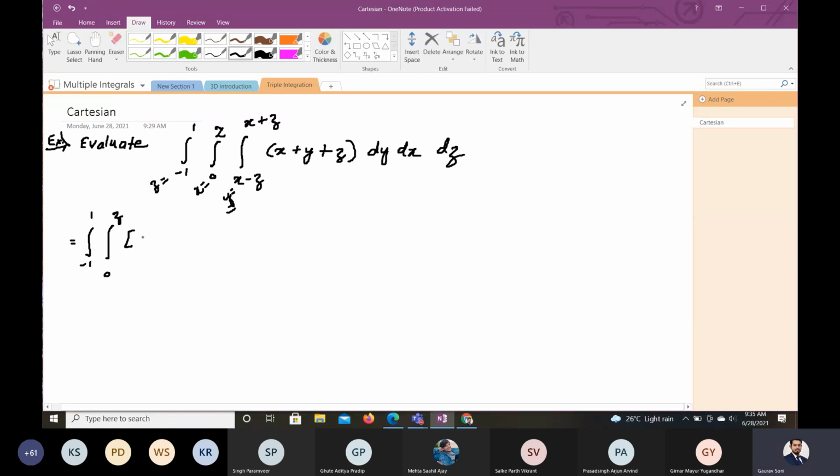So what we will have is x plus z into y plus y square divided by 2. Limits are from x minus z to x plus z, dx dz.